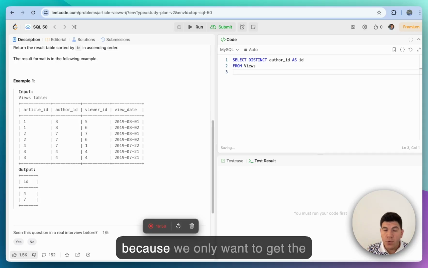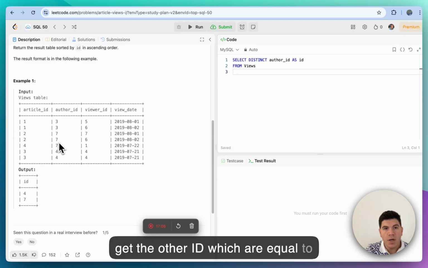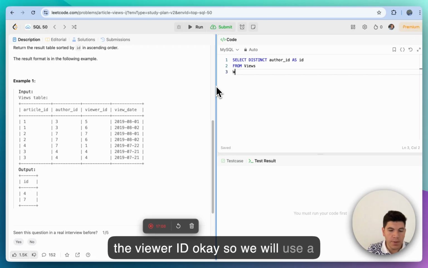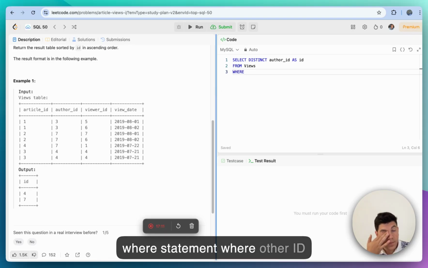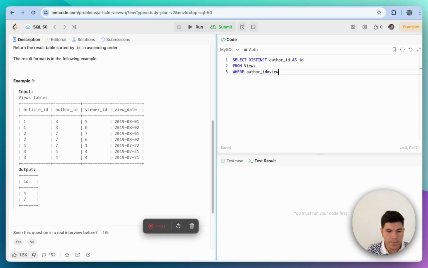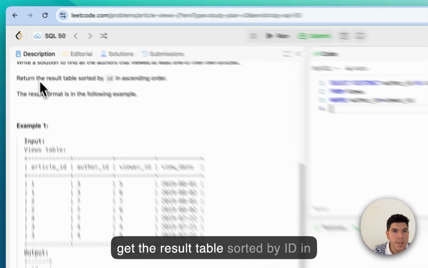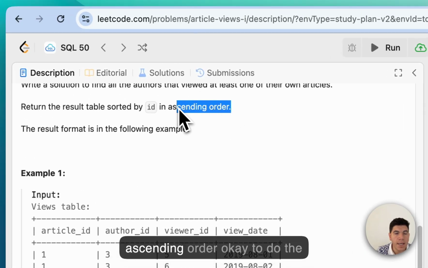Then we need again to filter, because we only want the author IDs which are equal to the viewer ID. So we will use a where statement, where author ID equals viewer ID. And we have been requested to get the result table sorted by ID in ascending order.